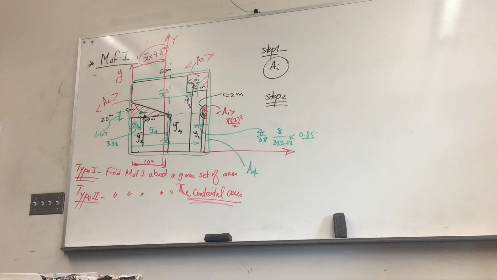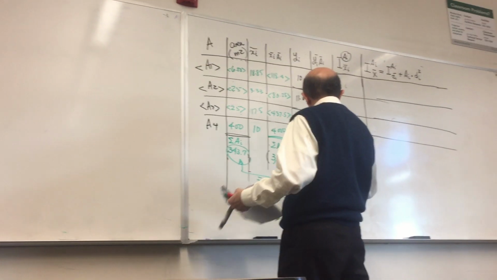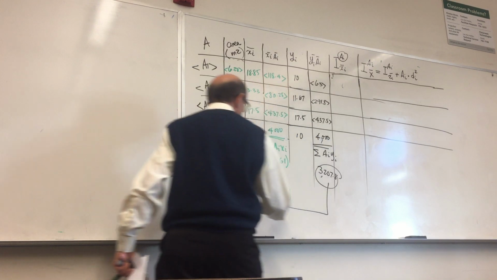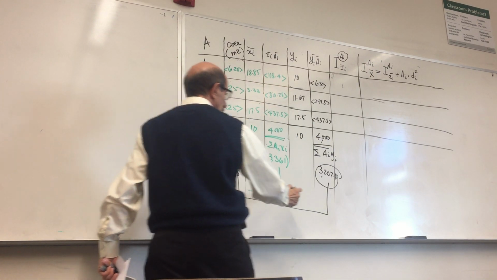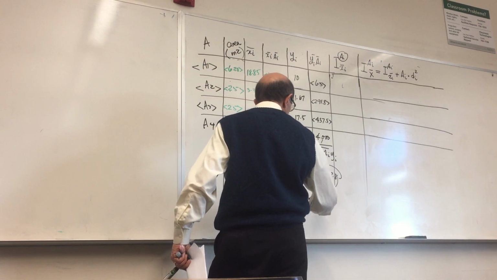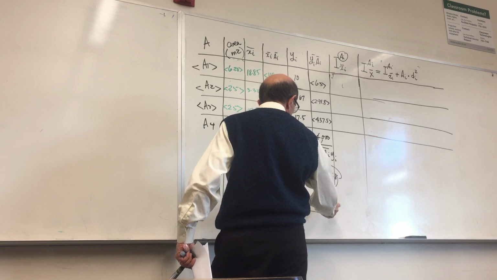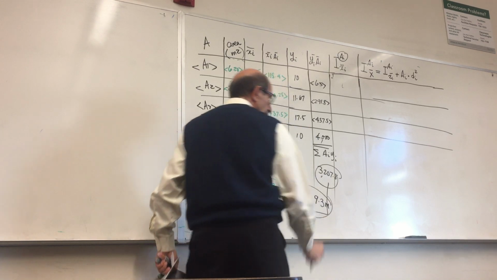So you add those up, that'll give you summation of AiYi, and you get 3207.8. So you divide this by that, will give you Y bar for the shape, that comes out at 9.3.